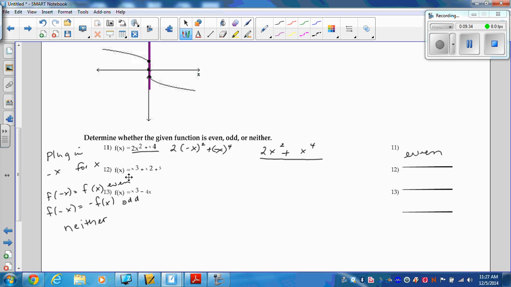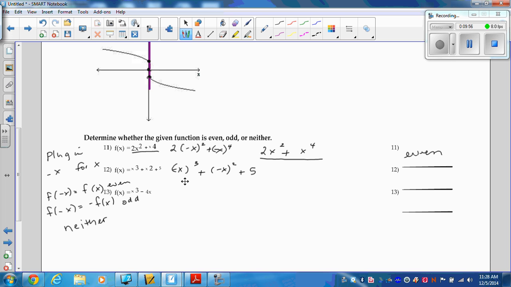Okay, in number 12. Going to plug in negative x, so it's negative x to the 3rd plus negative x squared plus 5.